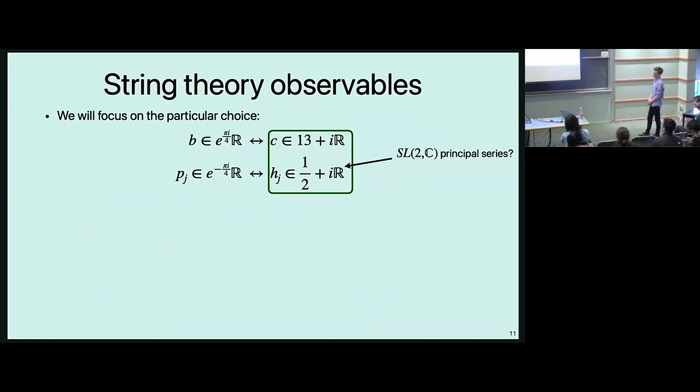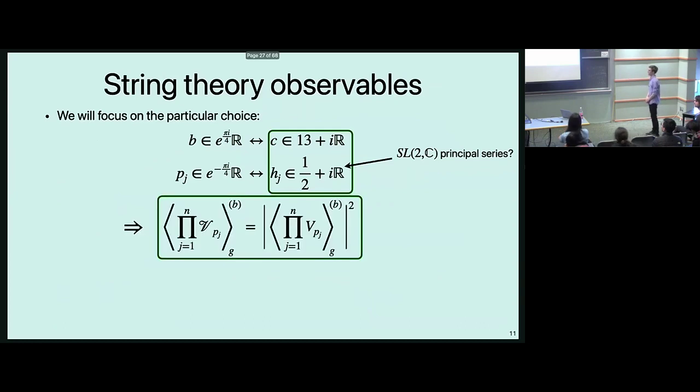And this will turn out to be a particularly convenient choice. For one thing, in this situation, the two Liouville CFT correlation functions are complex conjugates of each other. So the correlation functions of these on-shell vertex operators can be realized as an absolute value squared. And just as a comment I'll make in passing for now, these conformal weights, when paired with the left movers, correspond to the principal series representations of SL(2,C).